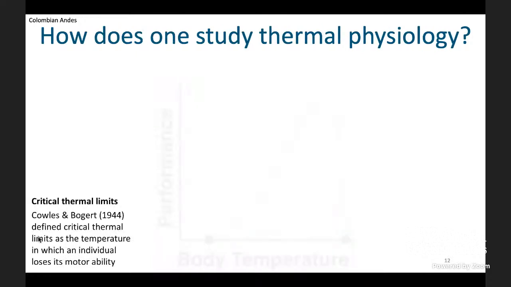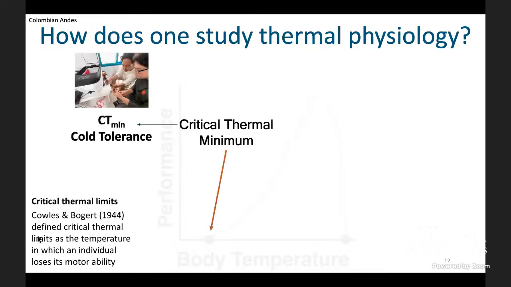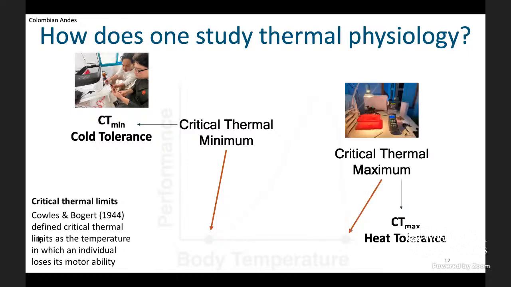From here, I measured two traits, critical thermal minimum and maximum, which are basically the minimum and the maximum temperature that an organism can have before they lose their motor ability. On the cold side we have cold tolerance, or CT min, and on the warm side we have heat tolerance, or CT max.